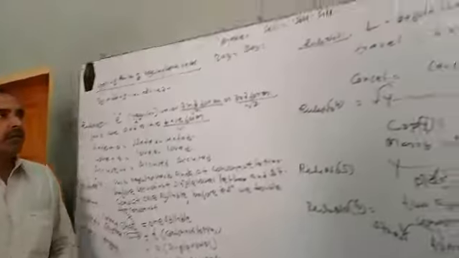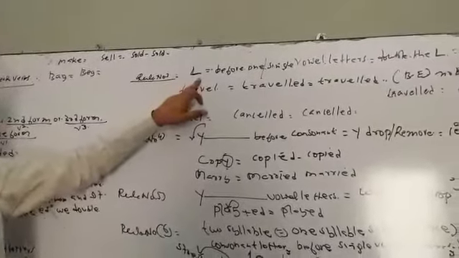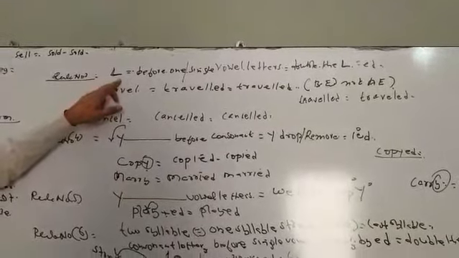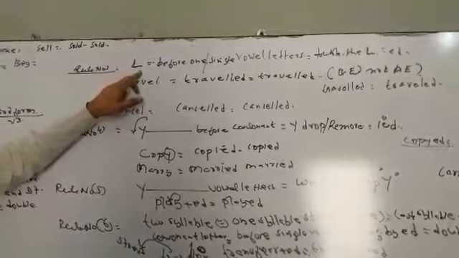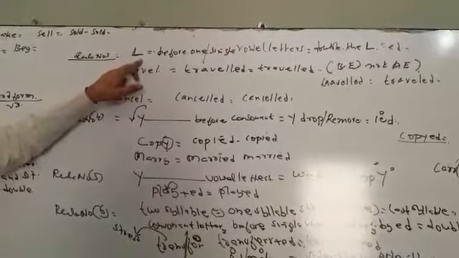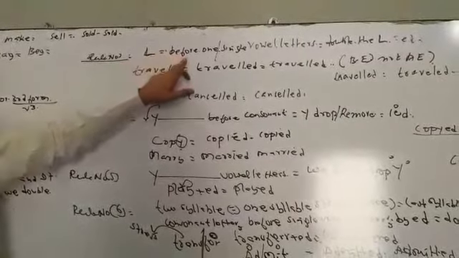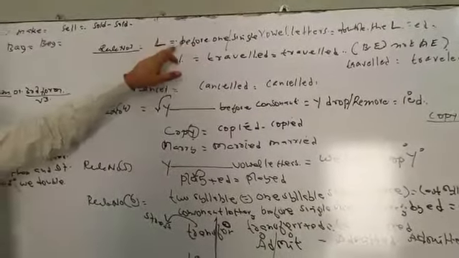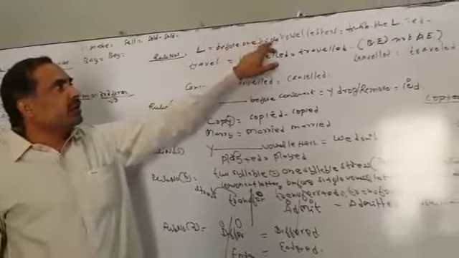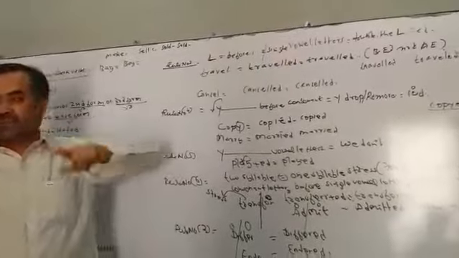So next we have rule number 3. Such regular verbs, because we are learning the spelling of regular verbs. Regular verbs follow the rules and regulations, not like a strong verb, right? So a verb ending in L, before it a single vowel letter.